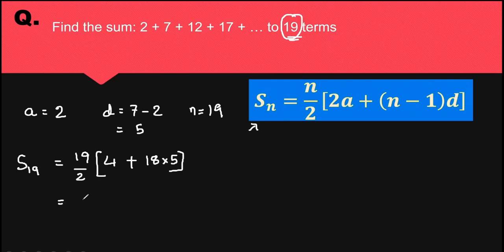So on calculating this part, we get 19 upon 2 multiplied by 18 times 5, that is 90, plus 4, 94. On reducing, we get 19 times 47, and the answer is 893. So the sum of first 19 terms of this given AP is 893.